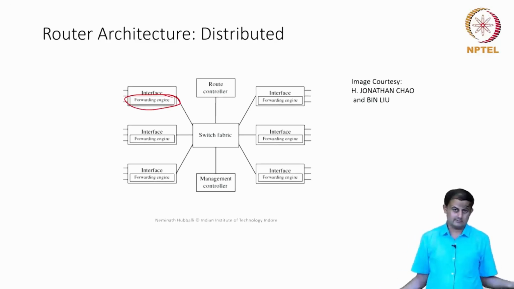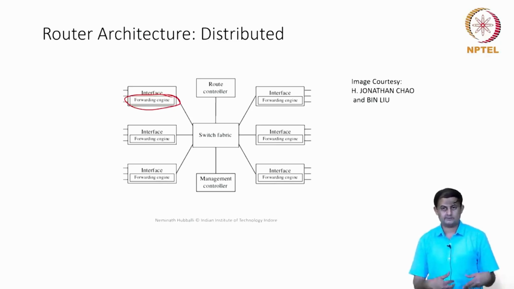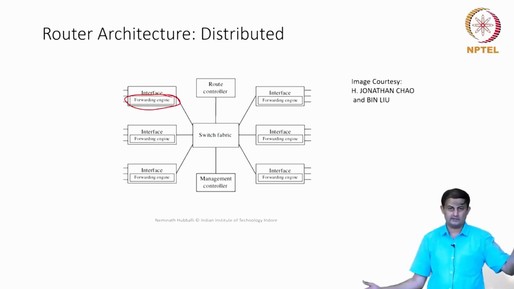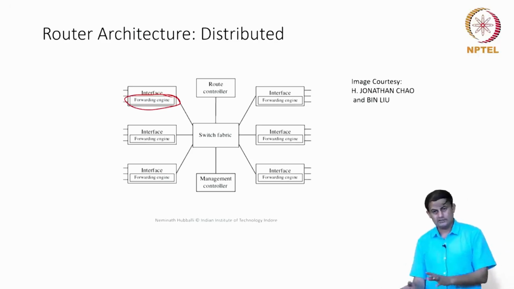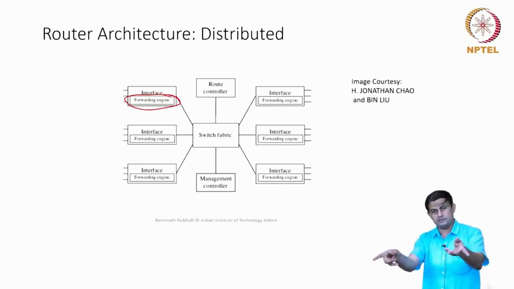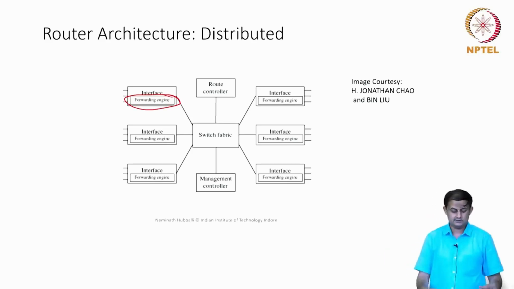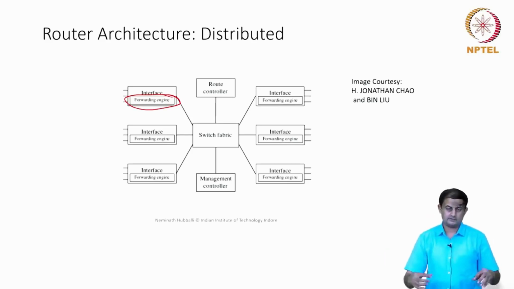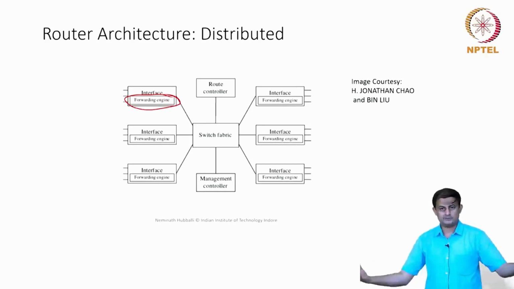So you can think that by replicating these instances, earlier, let's say I have 100 interfaces and only 10 forwarding engines. So these 100 interfaces need to share only those 10 forwarding engines. But here, with distribution, since every interface has a routing table, I can scale up operations.